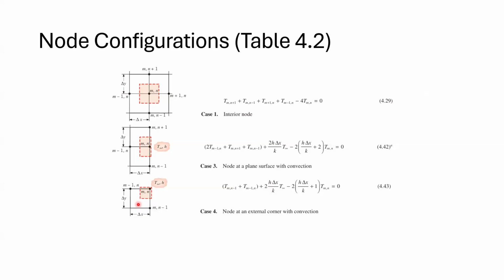What ends up happening, due to the constant surface temperature boundary condition that we're applying, is that this corner node essentially becomes insignificant. And so we'll only be considering the right side surface node, the left side surface node, and then interior nodes, such as the one that's given in case 1 here.